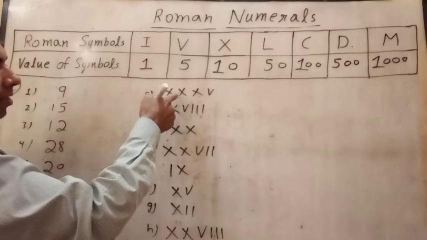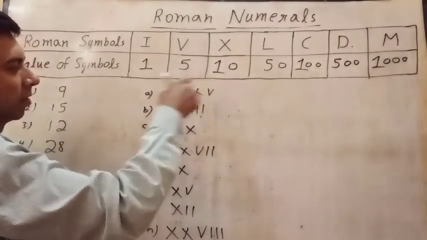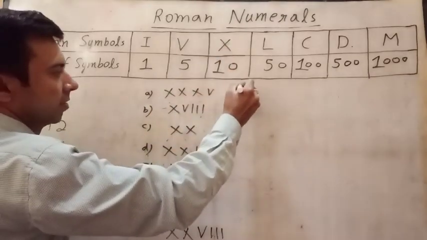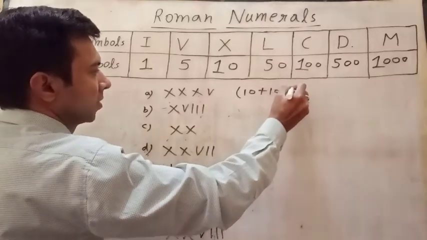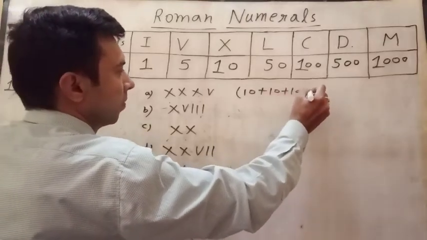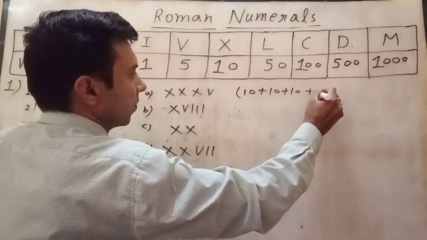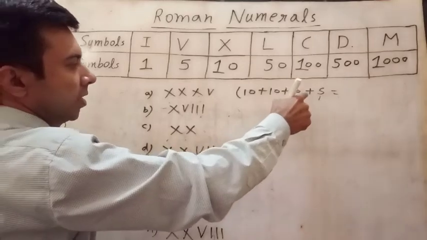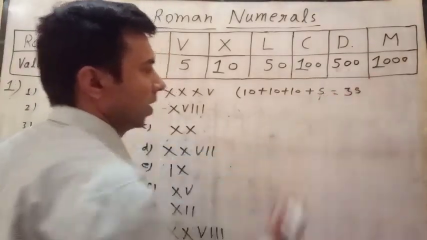See here, XXXV. Clear? So the value of X is 10. See, 10 plus 10 plus 10 plus 5. 10, 10, 20, 10, 30. 30 plus 5, 35.